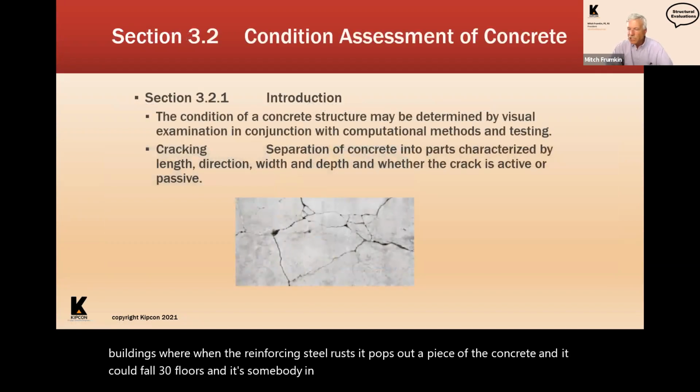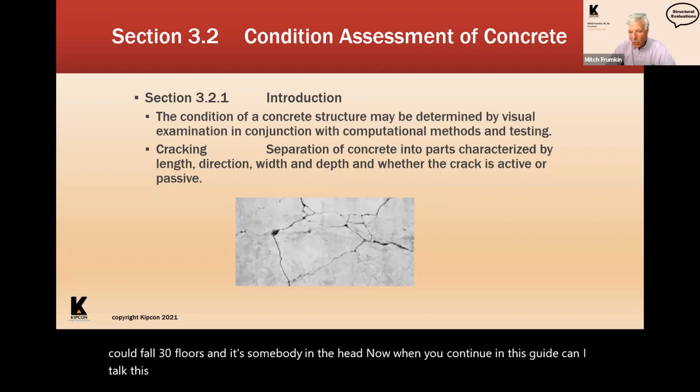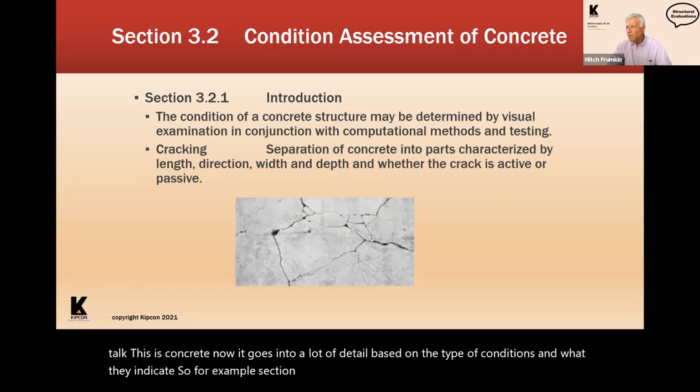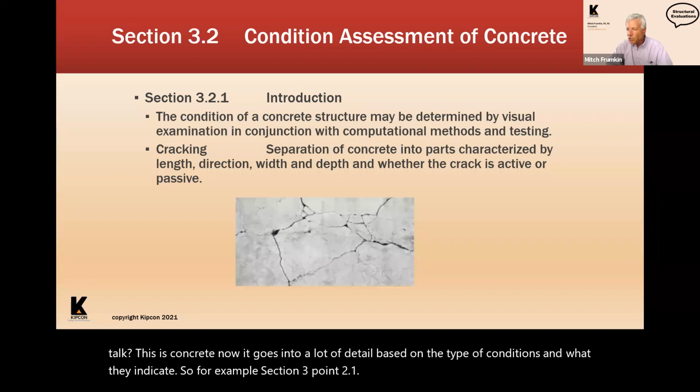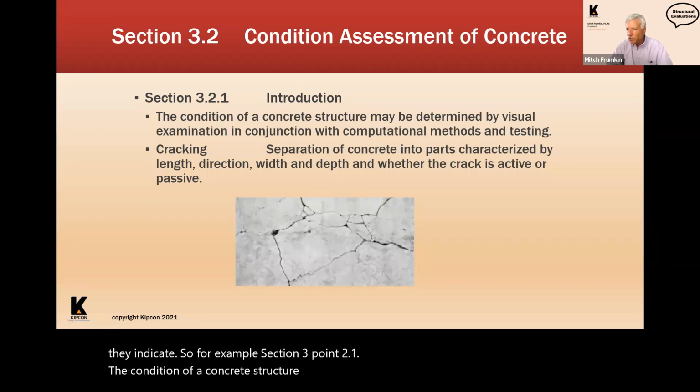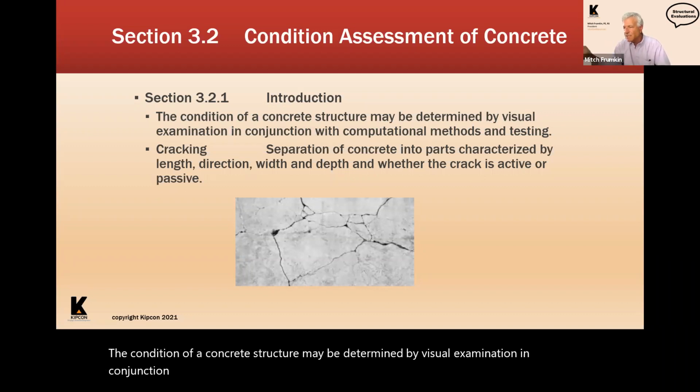Now, when you continue in this guide, this is concrete now. It goes into a lot of detail based on the type of conditions and what they indicate. So for example, section 3.2.1: the condition of a concrete structure may be determined by visual examination in conjunction with computational methods and testing.